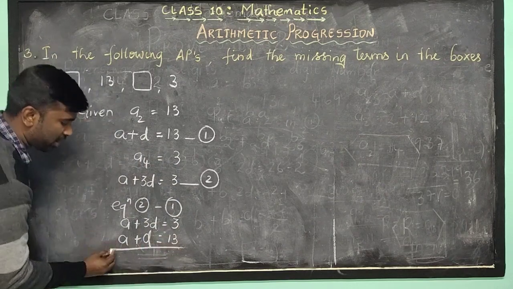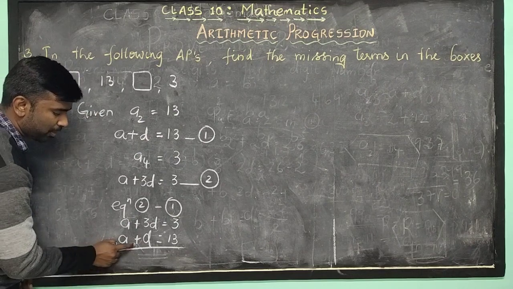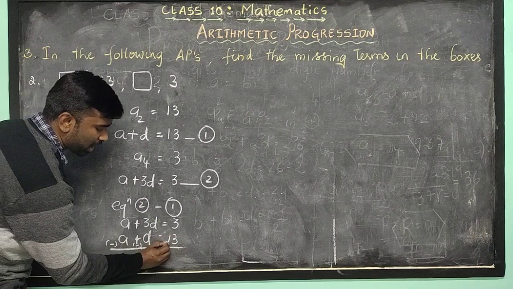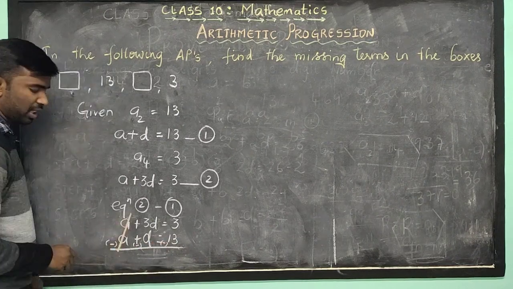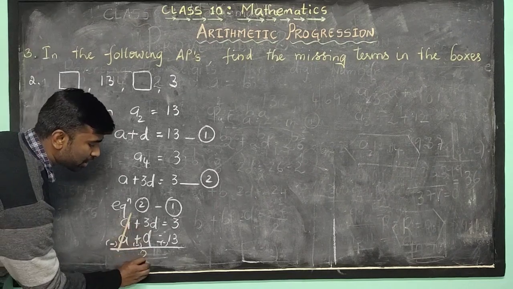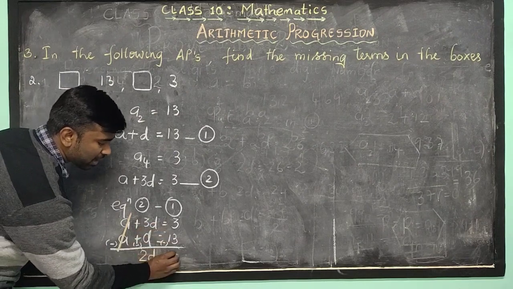Now in the subtrahend, all the signs will get changed. A plus sign becomes minus. Plus D becomes minus D. Plus 13 becomes minus 13. Now plus A minus A will cancel out. 3D minus D gives 2D equals 3 minus 13 is minus 10.